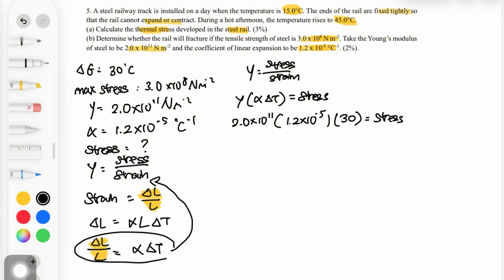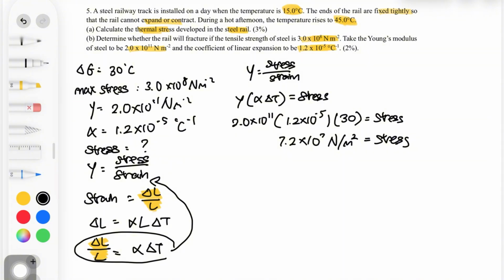So what is the answer? It's 7.2 times 10 to the power of 7, and stress is in Newton per meter squared. So this is the stress. Okay, so we have found the value of stress.